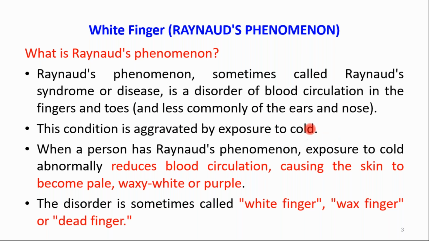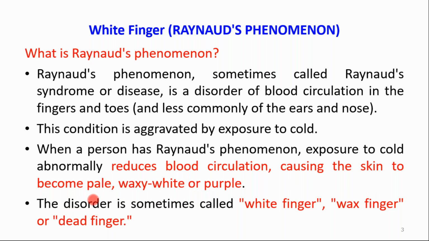So if your fingers or toes are exposed to the cold, or severe cold, or very low temperature, then it may occur. When a person has Raynaud's phenomenon, exposure to cold abnormally reduces blood circulation, causing the skin to become pale, waxy white or purple.